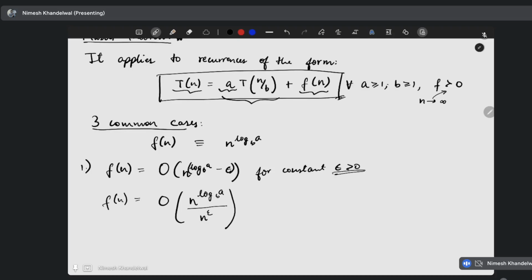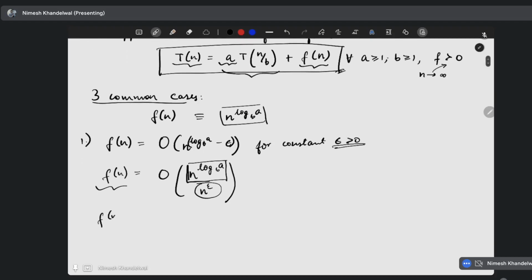For a positive epsilon, f of n grows slower than n to the power log a base b, by a factor of n to the power epsilon.